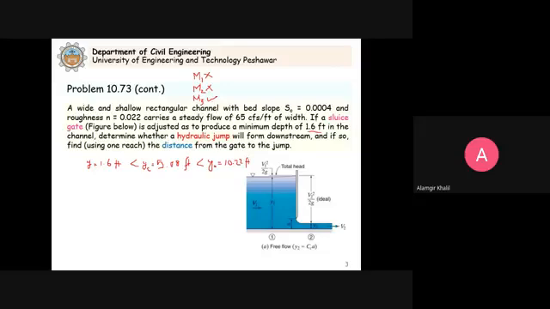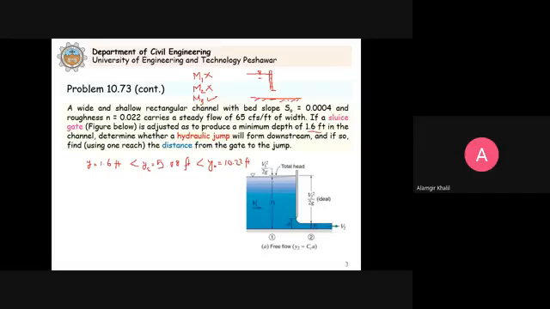Now if you remember, when we studied the M3 profile, for example for this hydraulic gate, we have this depth of water here, and after this gate the depth becomes the supercritical depth because we are forcing it.